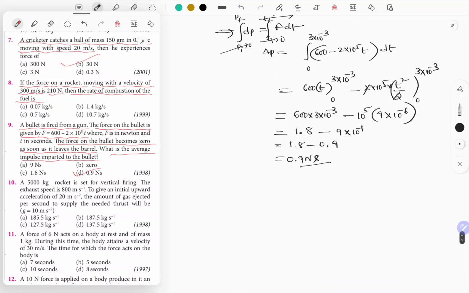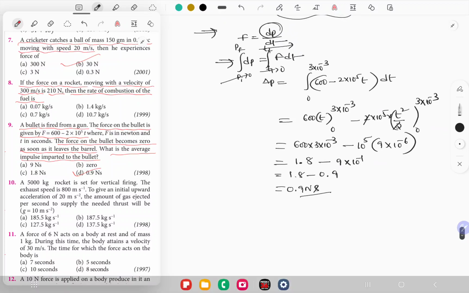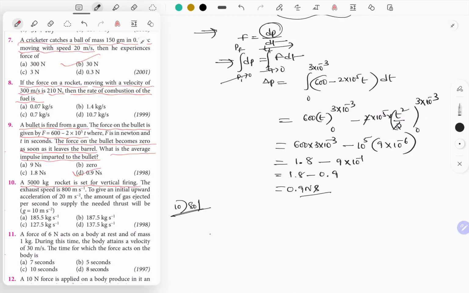Next. Question number 10. A 500 kg rocket is set for vertical firing. Okay. 10th solution. Let me represent with a simple diagram. So mass of this rocket is m is equal to 5000 kg, not 500 kg.